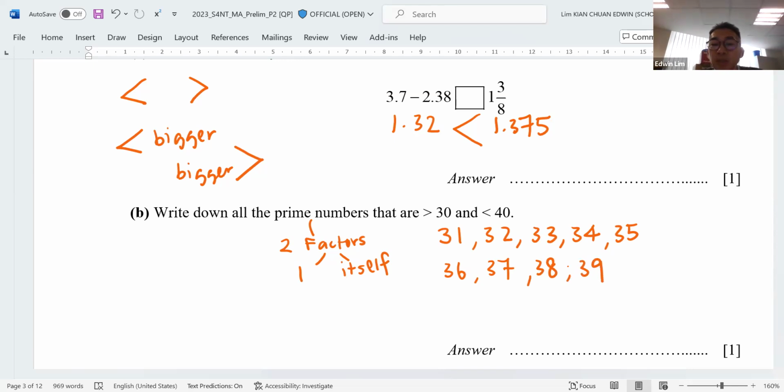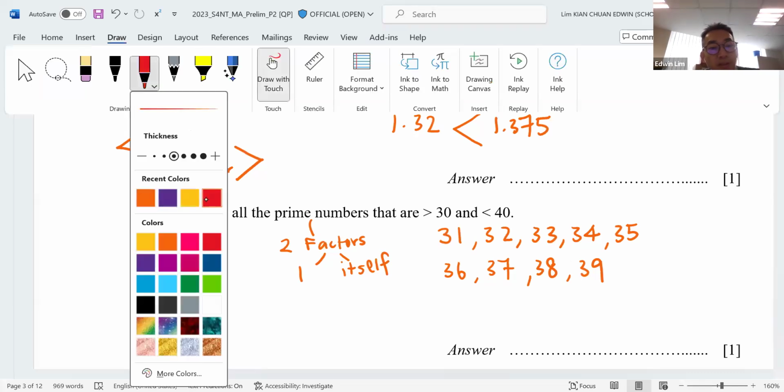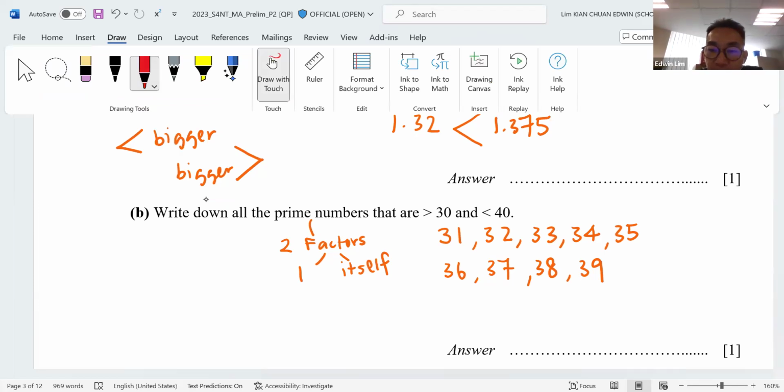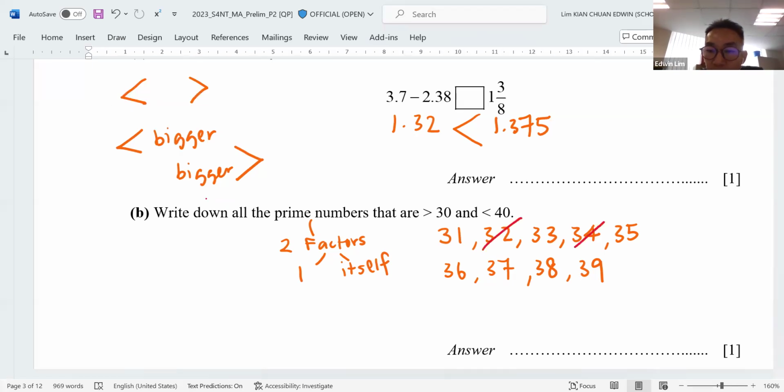All right, once a number is more than 2 digits, the first numbers that I can remove are all the even numbers. The next numbers that I can remove are also numbers ending with 5 or 0, because they can be divided by 5.